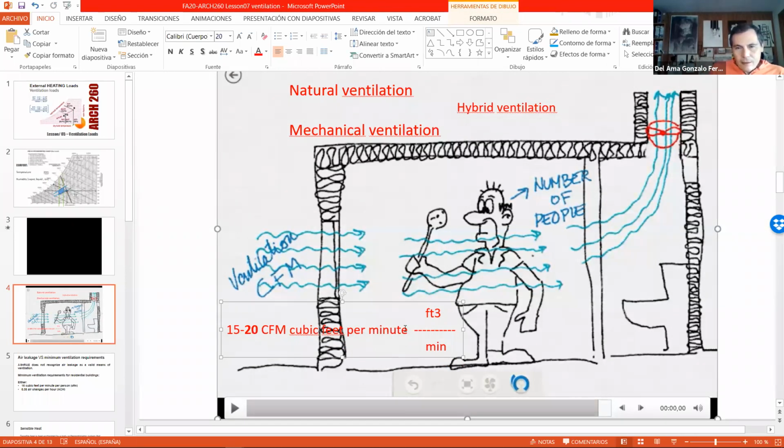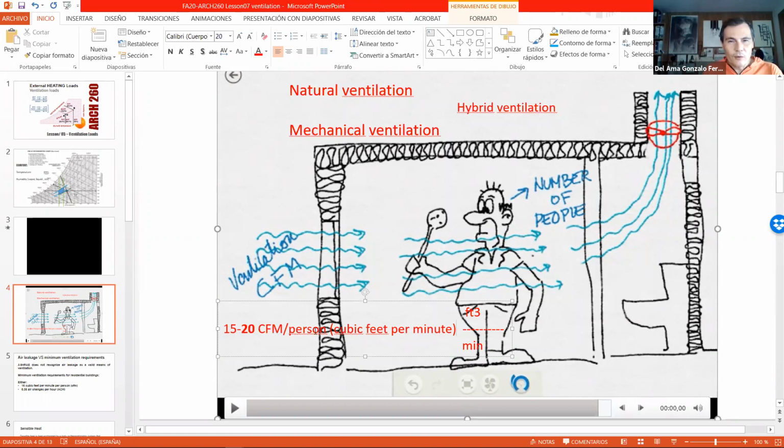And this is it. I told you that this is cubic feet per minute per person, and per person is important. So we have to multiply 20 times the number of people.